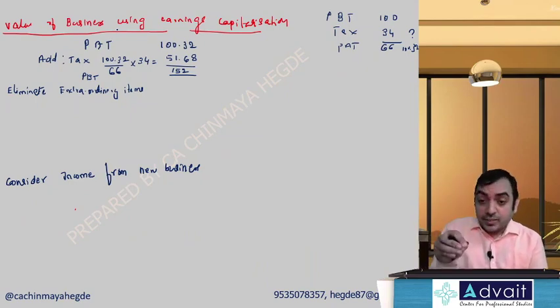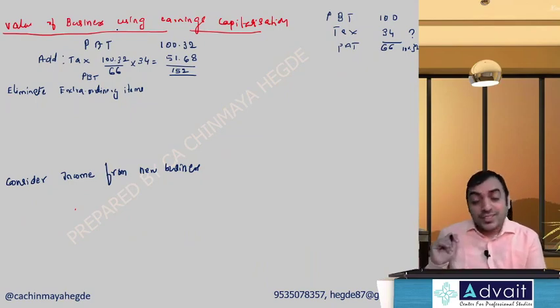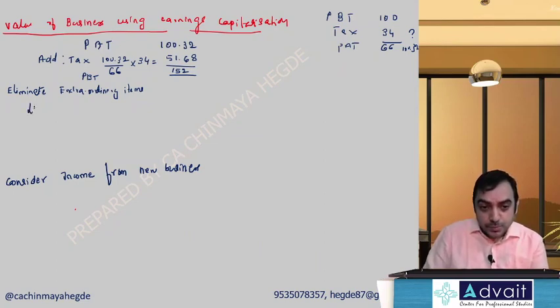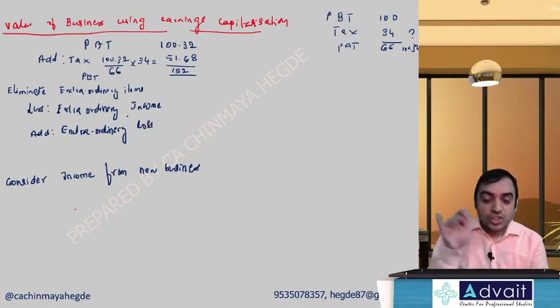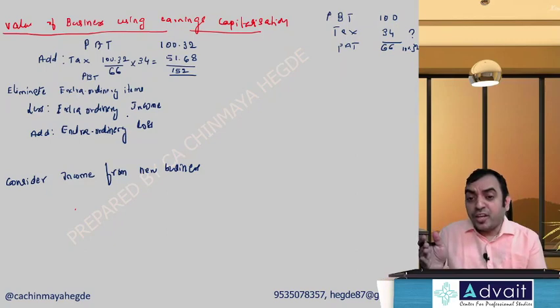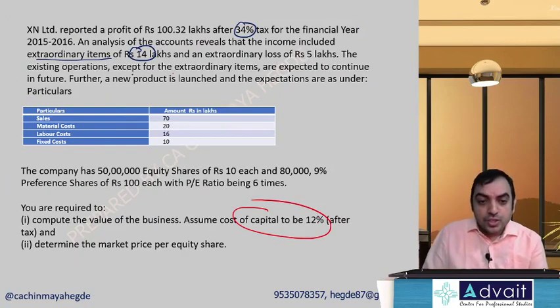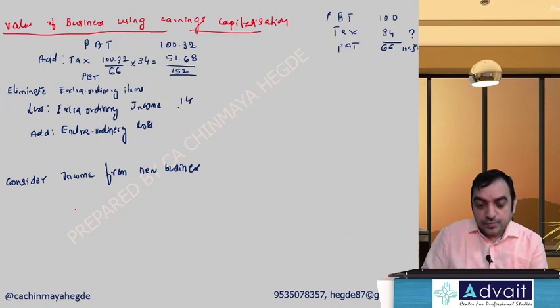Extraordinary income is already added, that will not come in future, so that should be subtracted. So less extraordinary income, and add extraordinary loss, because loss is already subtracted, that loss is not repeated in future, so that needs to be added back. So income 14 lakhs to be subtracted, and loss 5 lakh to be added.